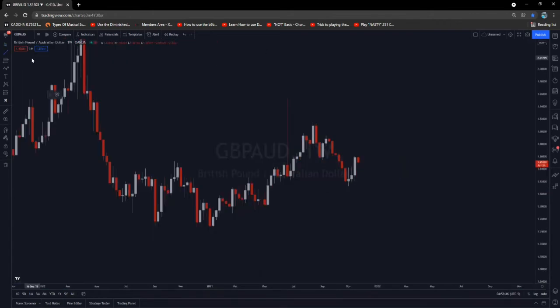Okay, now we are on GBPAUD. And we got taken out of this position with 300 and something pips. You have this area of liquidity over here. We have this supply area over here.